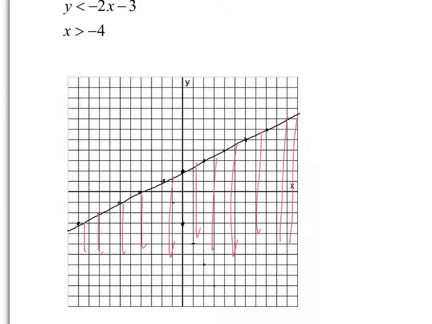That one, that one, that one, that one, that one. All right, I'm going to connect these with a dotted line. Right, and now I'm going to shade that so it's everything that's below. So that's all of these.